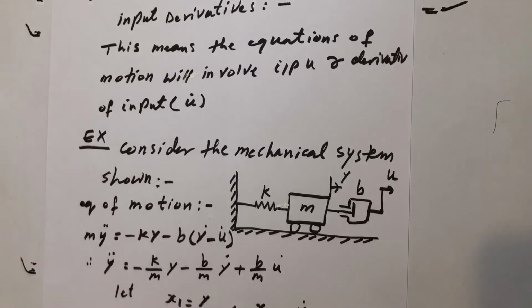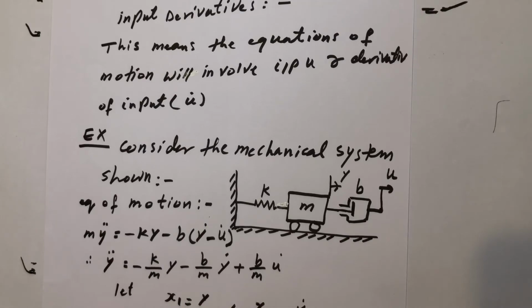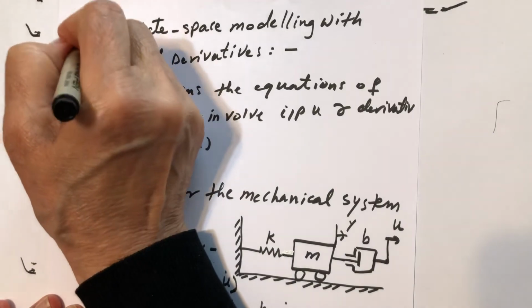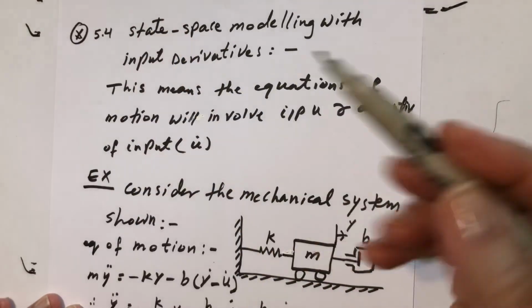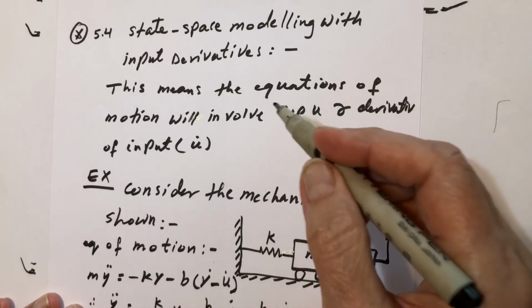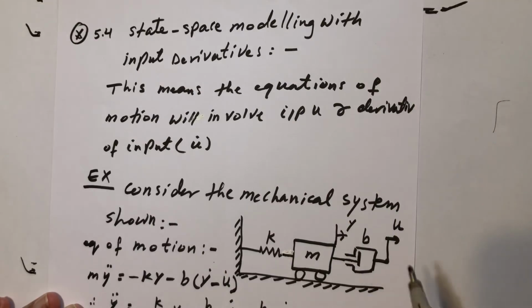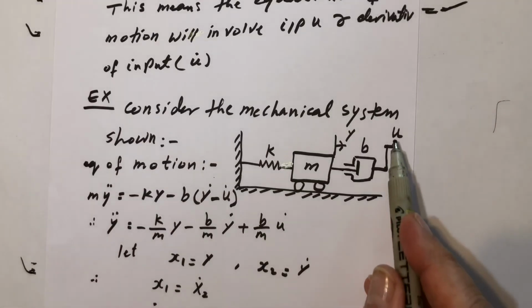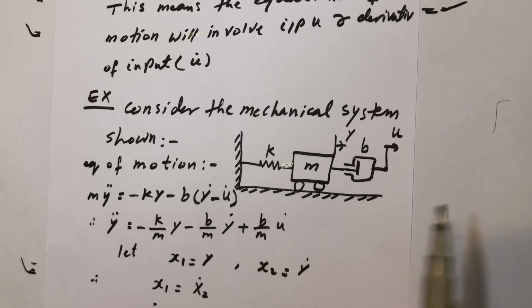Now, in section 5.4, we have an input to a system through elements that give a derivative of the input. Well, how is that? It's when we have the input going through a damper, let's say in this example.